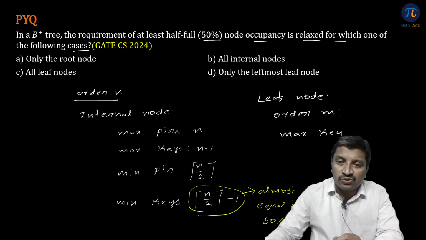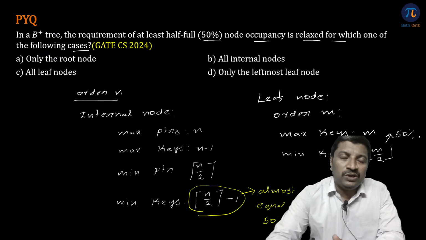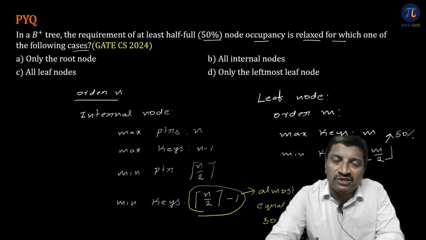So we need to discuss only keys. The maximum number of keys is m. What about minimum number of keys? The minimum number of keys is m by 2 floor value. So this is also equal to 50%. So in B plus tree, every node should have at least 50% of key values.